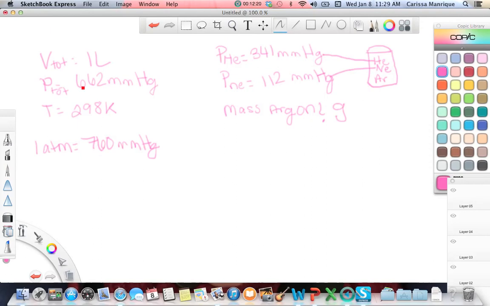So if you look here, P total is 662 millimeters of mercury, with millimeters of mercury at the bottom to cancel it out, over 760 for 1 atmosphere. So all we're doing is dividing by 760.